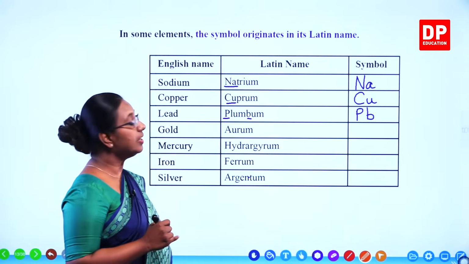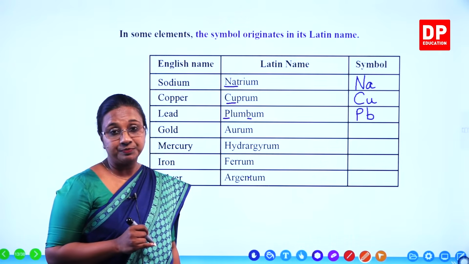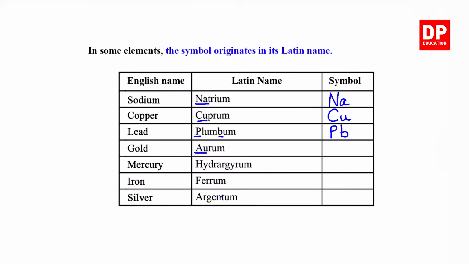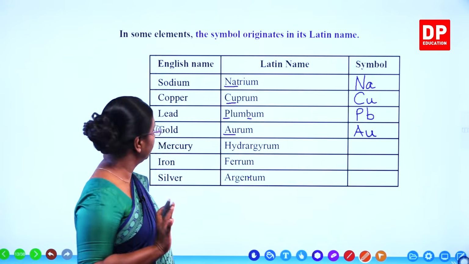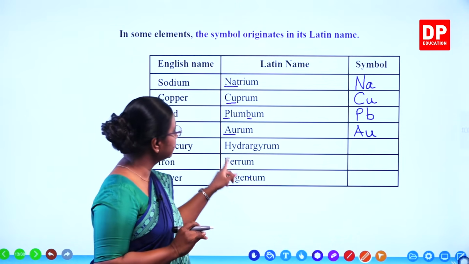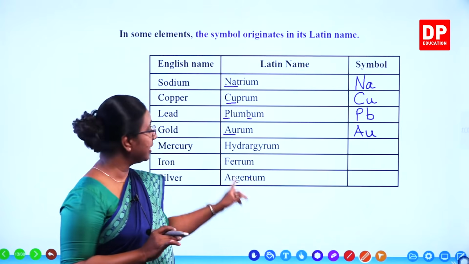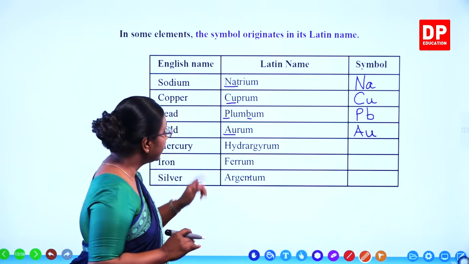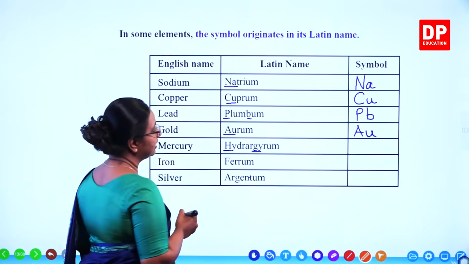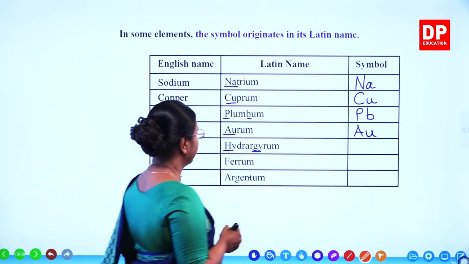Then gold is called aurum. So, there again the first 2 letters, aurum. A, U, aurum. That is the symbol for gold, aurum. Then mercury is known as hydrargyrum. So, there they use the first letter H and this letter G, hydrargyrum.